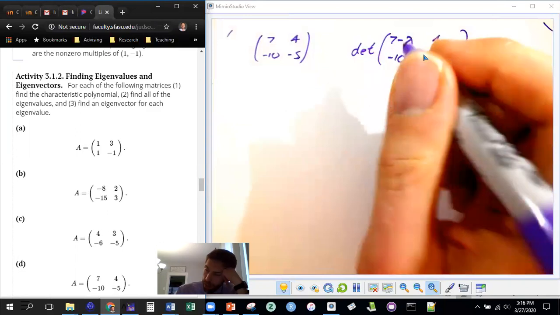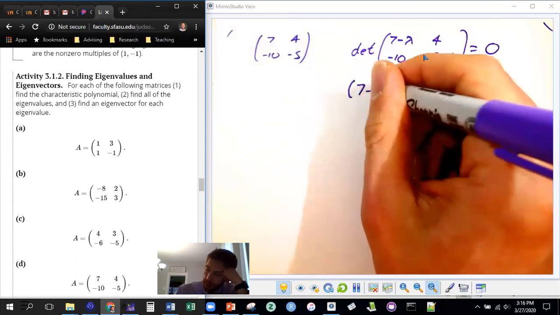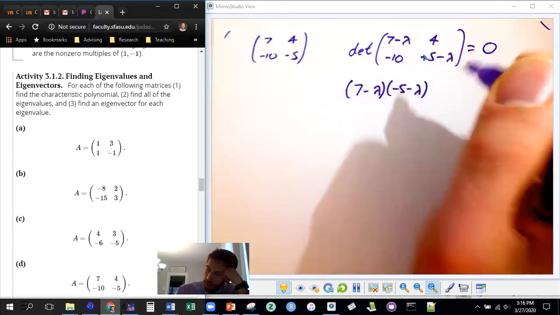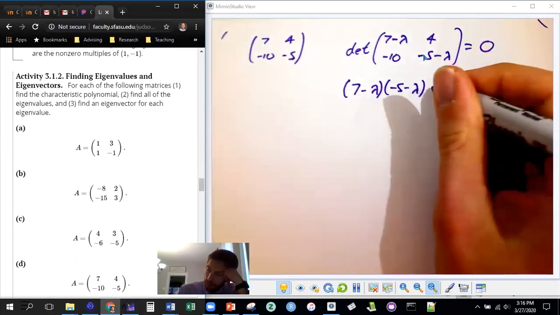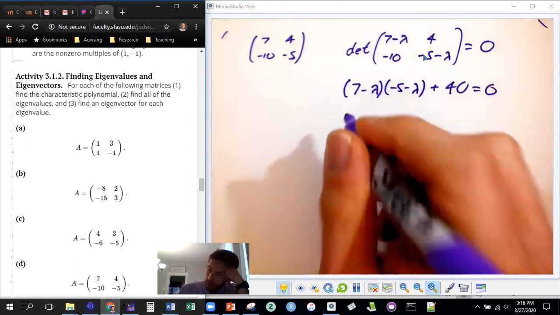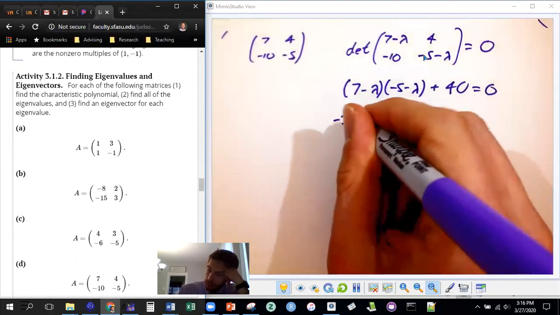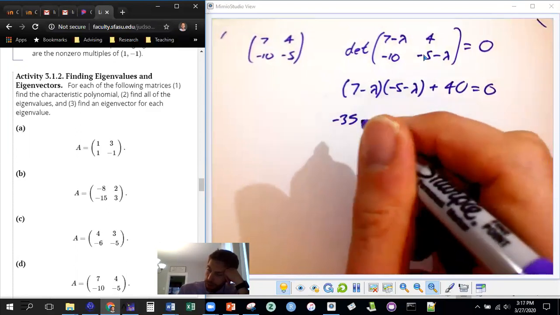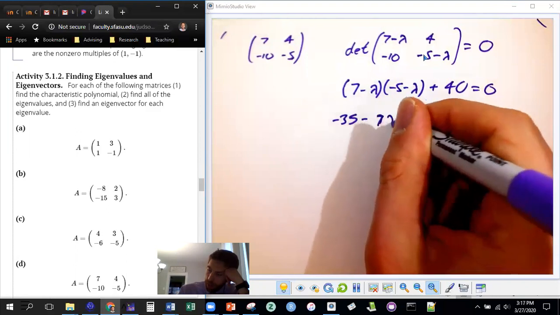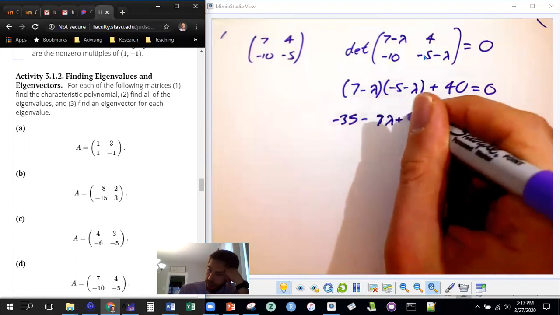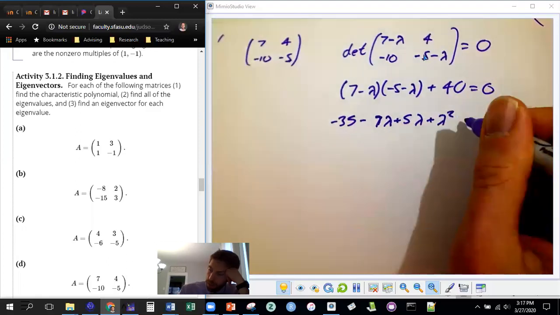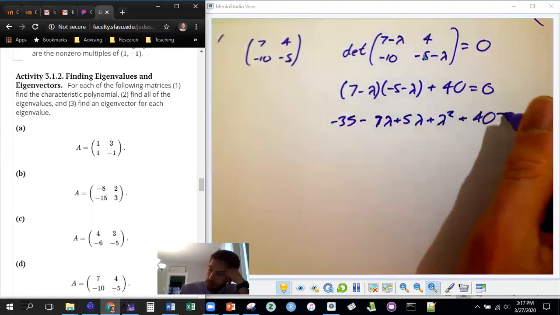Well, the determinant is 7 minus lambda times -5 minus lambda, minus the product of the off-diagonals, but minus the negative, so plus 40 equals 0. So -35, FOIL outside, minus 7 lambda plus 5 lambda plus lambda squared, plus 40 equals 0.